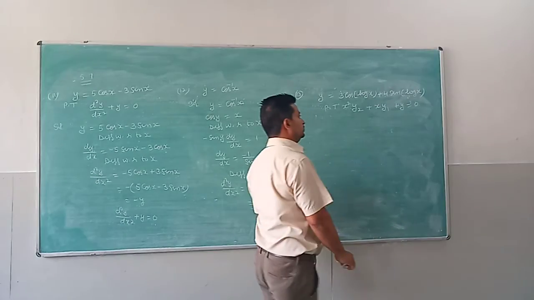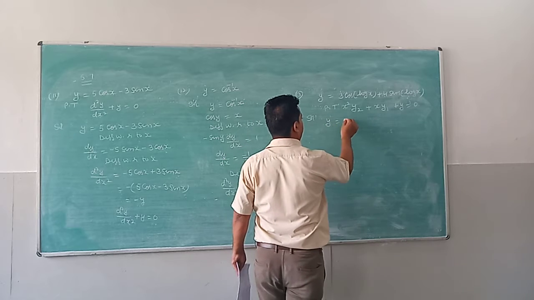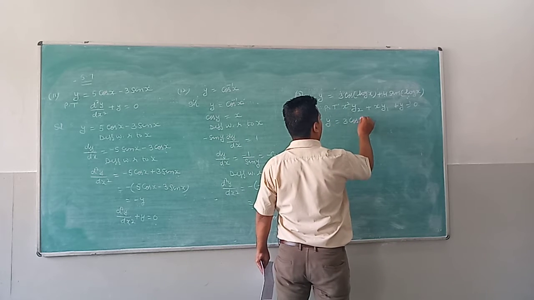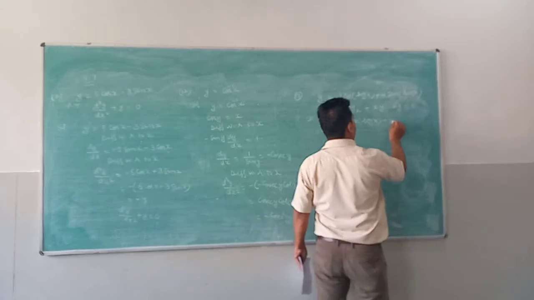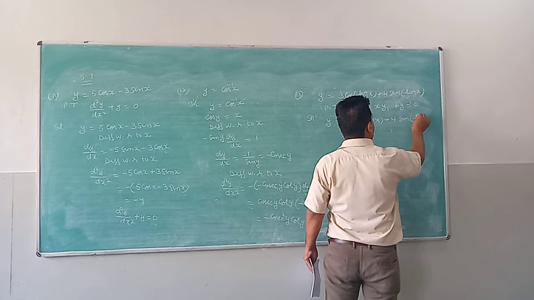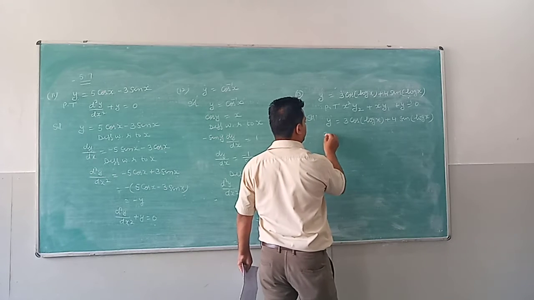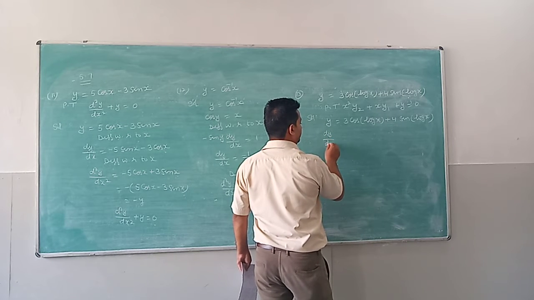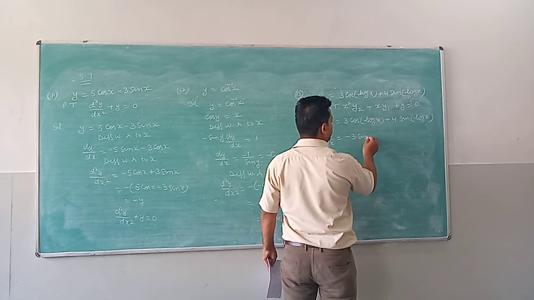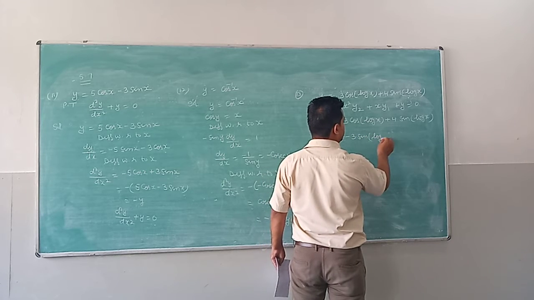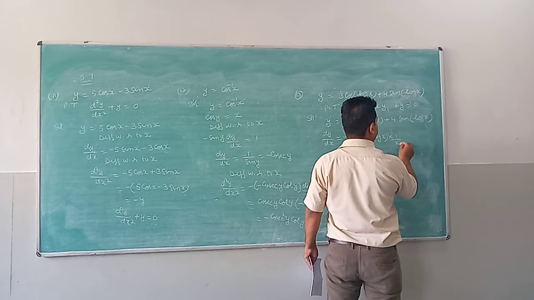For this, first we take y equal to 3 cos log x plus 4 sin log x. When we differentiate this with respect to x, dy upon dx is minus 3 sin log x, and derivative of log x is 1 by x.